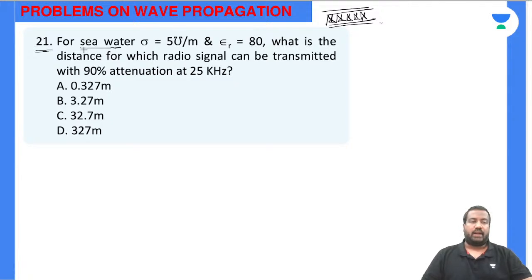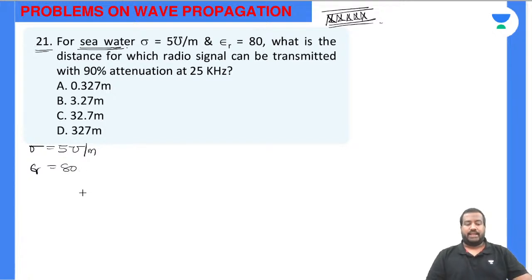For sea water, sigma, the conductivity, is 5 mho per meter. Epsilon r is 80. What is the distance for which a radio signal can be transmitted with 90% attenuation? 90% attenuation means how much is transmission?